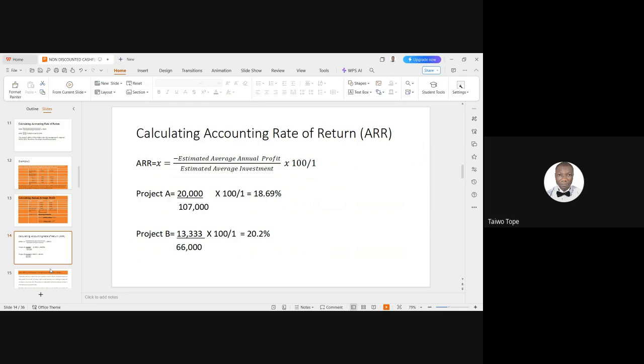time. So what you must know, get to know the formula: estimated average annual profit divided by estimated average investment multiplied by 100/1. How do you get your average investment? It is initial outlay plus residual value divided by 2, and your annual depreciation is what? Initial outlay minus residual value divided by useful life of a project. And the decision rule is what?